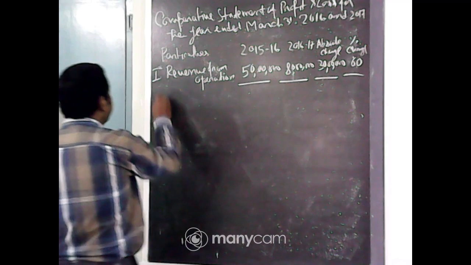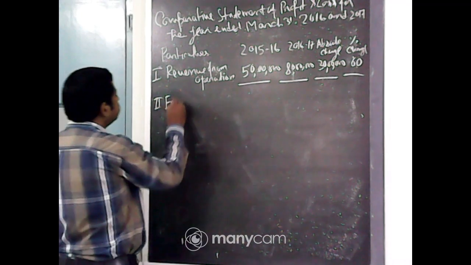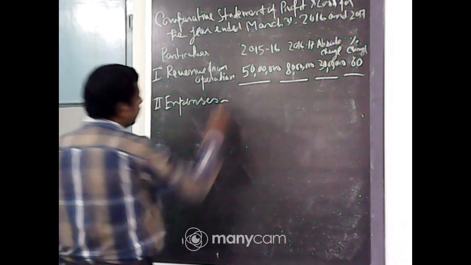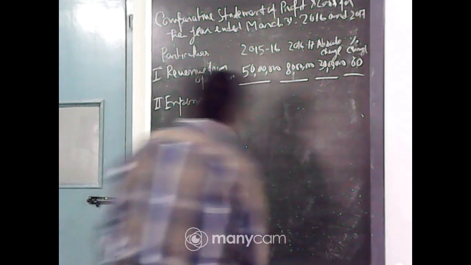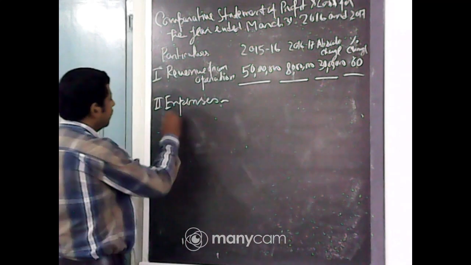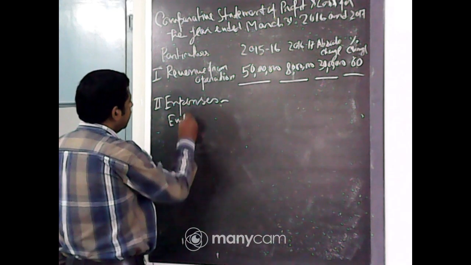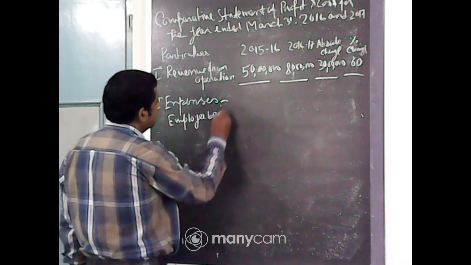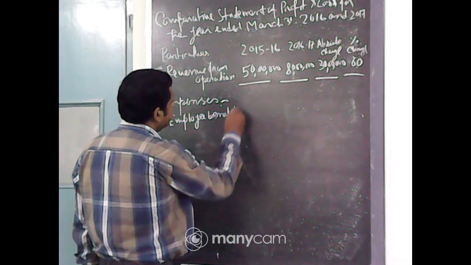Now number 2 is expenses. Now in expenses you can see employee benefit expenses.